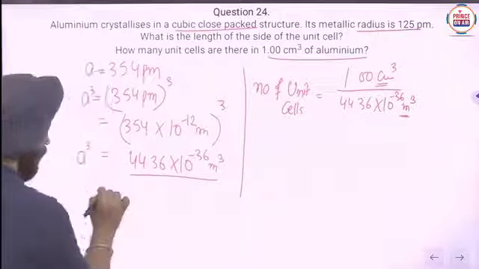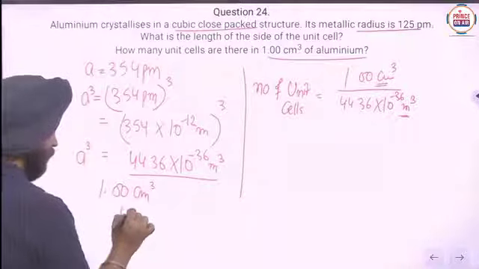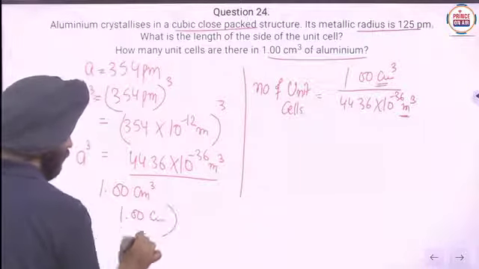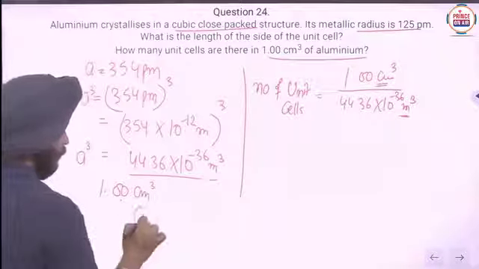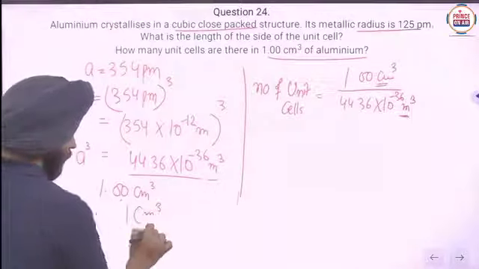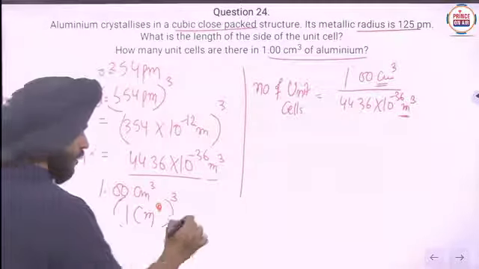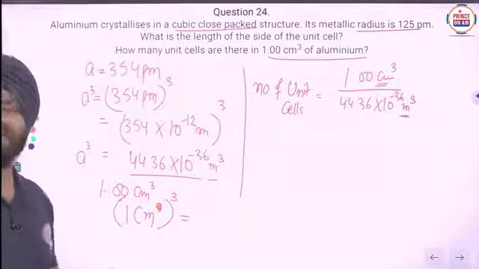See, 1.00 cubic centimeter, I can write it as 1 centimeter cube. In 1 centimeter, how many meters are there?